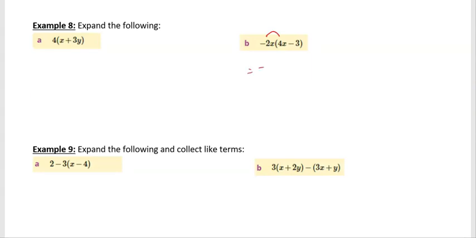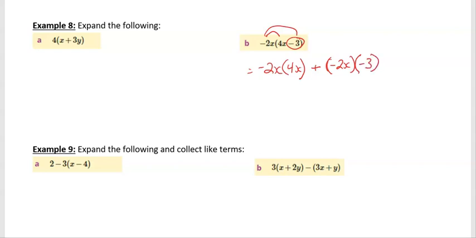So we'll do a negative 2x times 4x. And to that, I'm going to treat this negative 3 as if it is minus 3, but I've got to put brackets around this negative 2x just to clarify that, because we've got a plus and a minus, and then times negative 3.